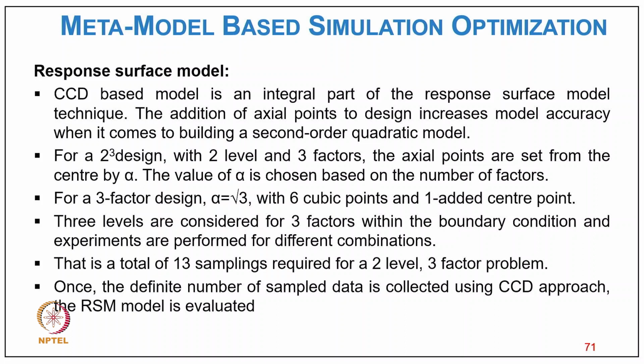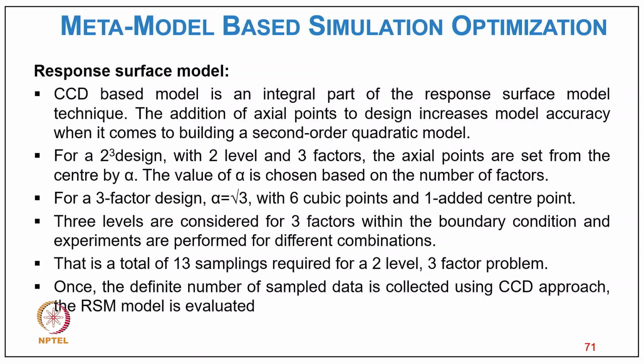Now typically with this response model, the CCD based model is an integral part of the response surface model technique, and the addition of the axial points to the design increases model accuracy when it comes to building a second order quadratic model. And for a 2 to the power 3 design, the 2 level and 3 factors, the axial points are set from the center by alpha, and the value of alpha is chosen based on the number of factors.